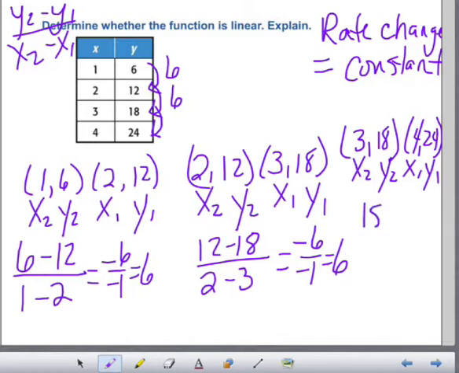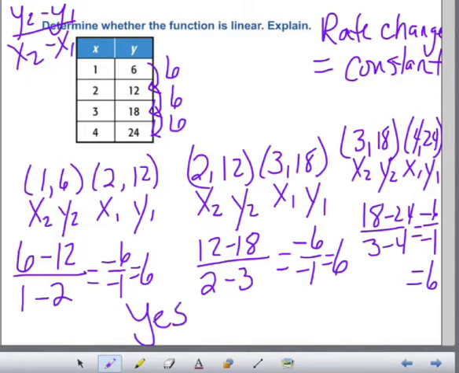So I've got 18 minus 24 over 3 minus 4, which is negative 6 over negative 1, which again is just 6. So is my function linear? Yes, it is linear because my rate of change is constant. Every time my rate of change from one ordered pair to the next was 6. So it's constant. It is linear.